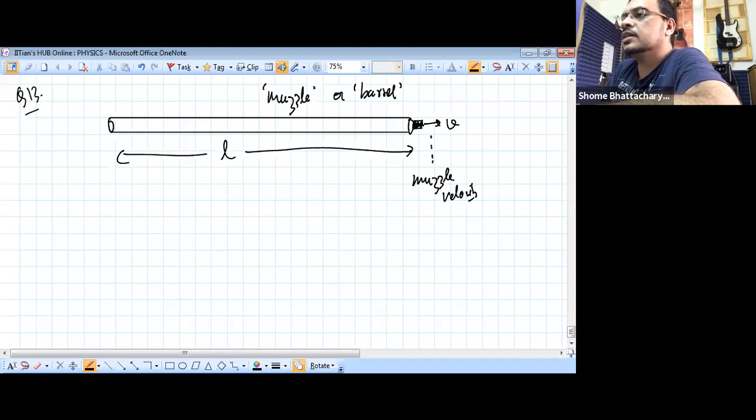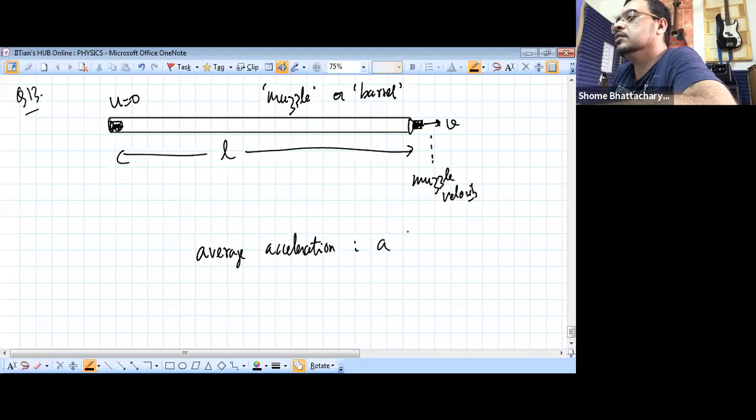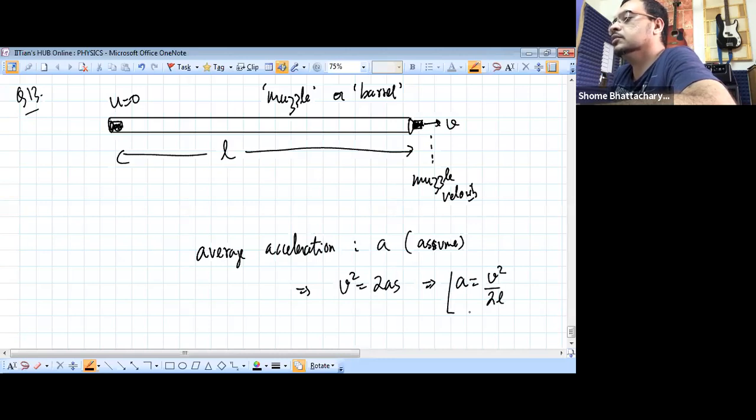And obviously the bullet starts from rest over here. So if it starts from rest, you can see that the average acceleration is, suppose, a. Then v square should be equal to 2as, or a should be equal to v square by 2L over here, because your u is 0.